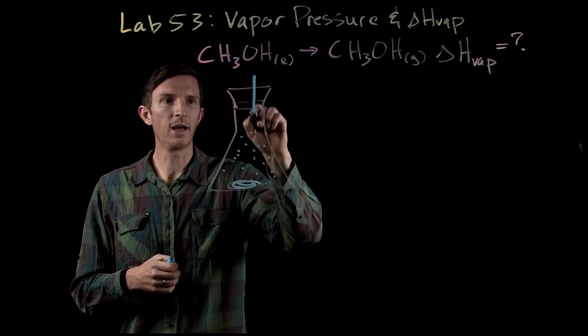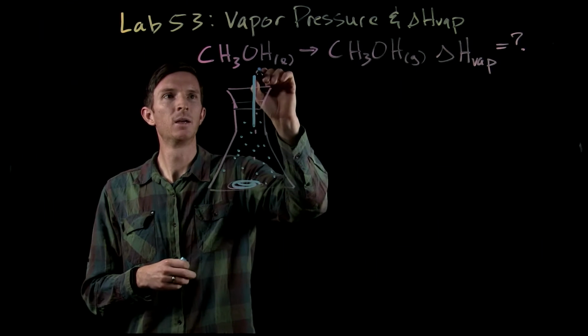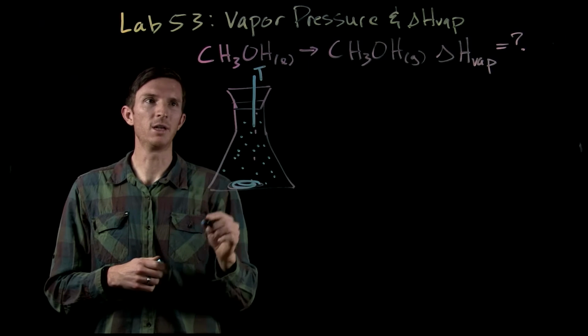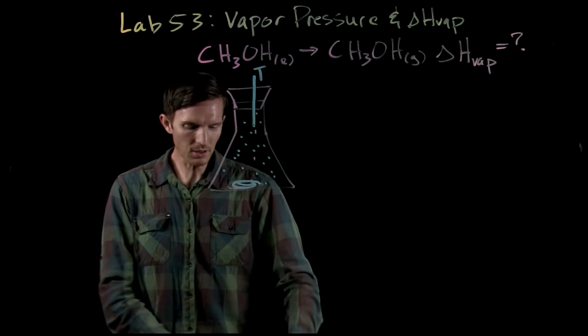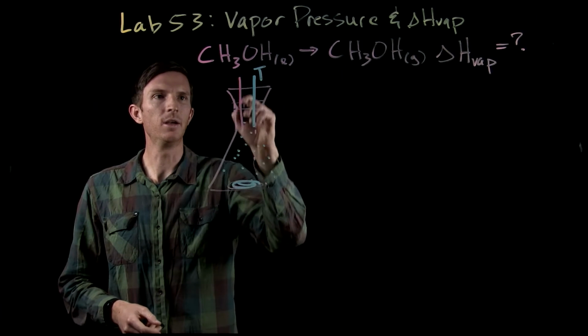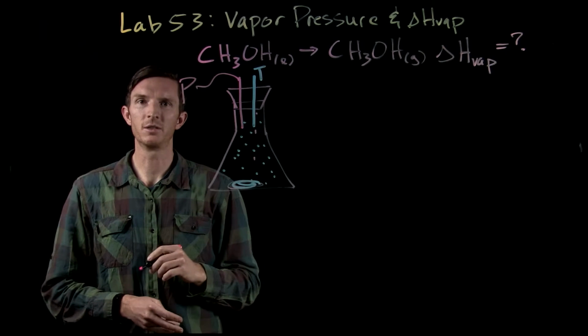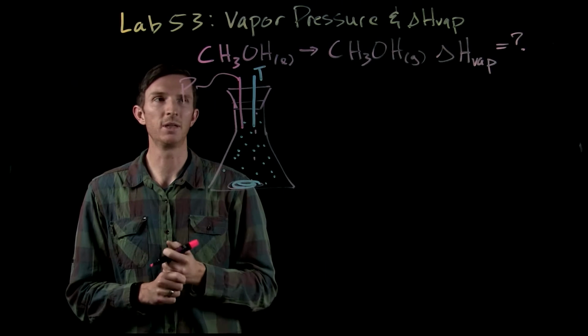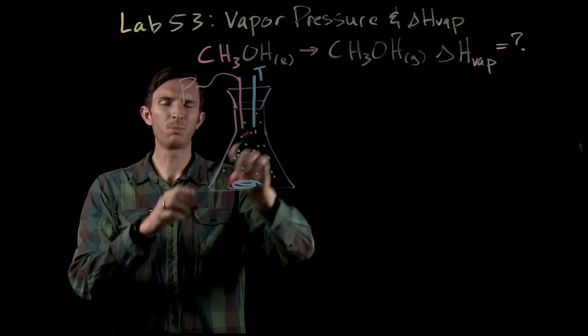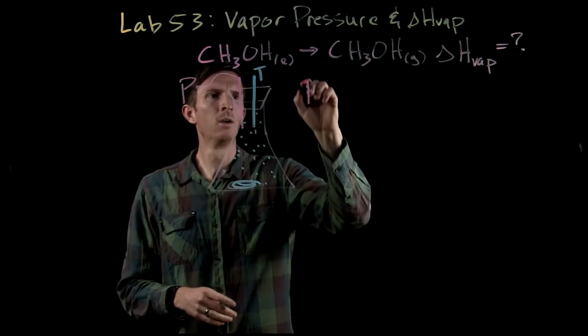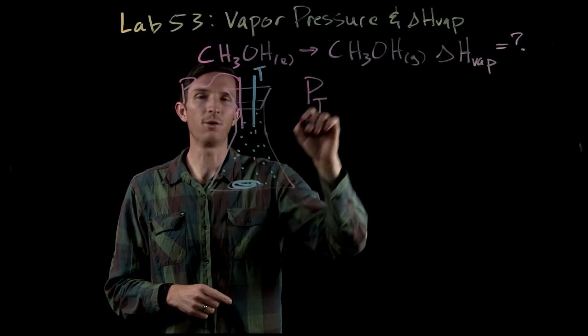And so we'll take a thermometer because we want to measure the temperature, and then we will also have in here something that we can use to measure the pressure, okay, because we're going to need those two pieces together. Now, the pressure that we're actually measuring is a total pressure, right?